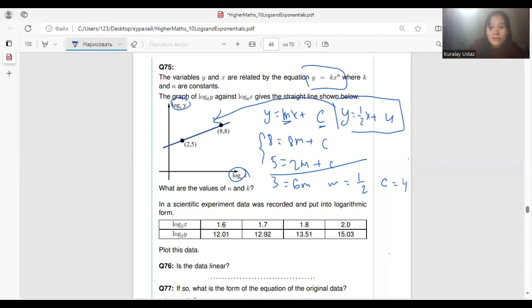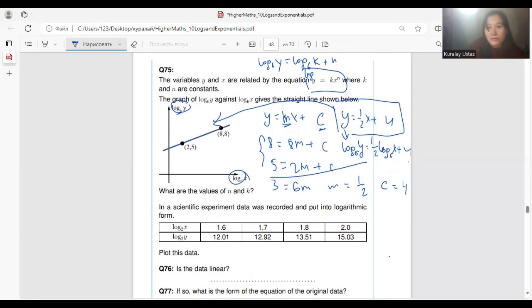But actually that's not y, that should be logarithm base 6 of y, equals 1 over 2 logarithm base 6 of x plus 4. So now if we take logarithms of both sides here, that should be logarithm base 6 of y equals logarithm base 6 of k plus n logarithm base 6 of x.